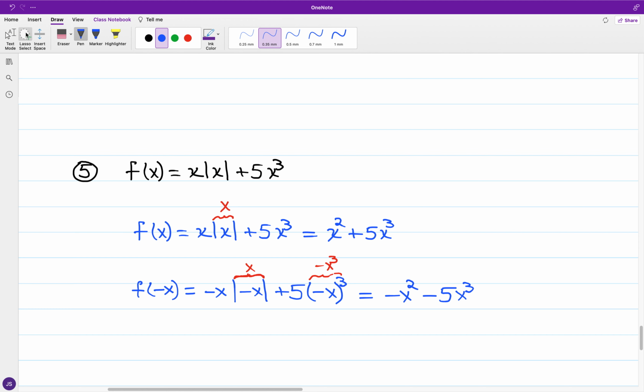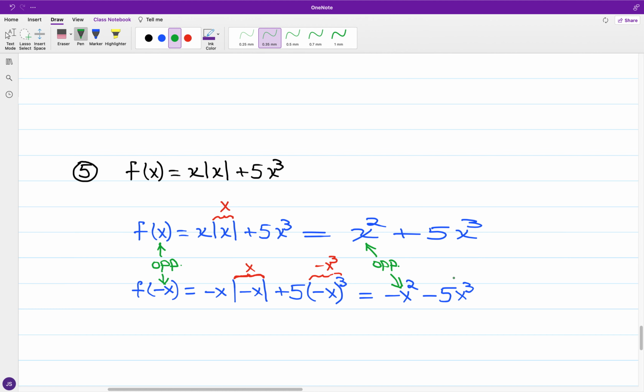Looking at how the terms compare, between x and negative x we have opposite signs, so you have additive inverses. Now we have x squared and negative x squared. These are opposite.